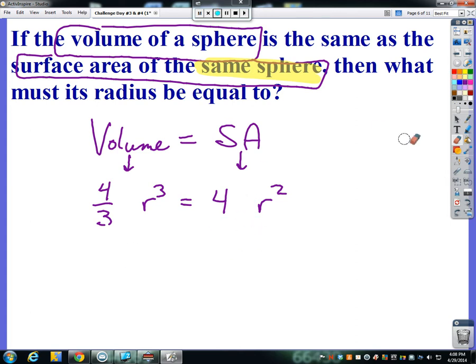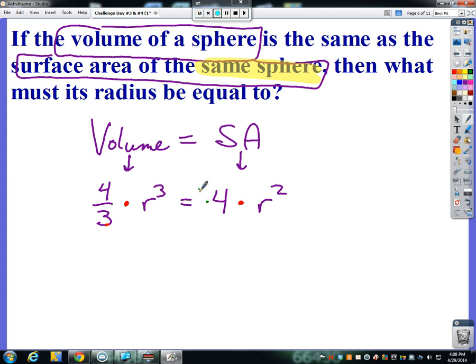Now, maybe I start working on my numerical terms, my coefficients. I have 4/3 times r cubed equals 4 times r squared. Let's say I want to get the r cubed all by itself. So let's divide the 4 over. Since I have a fraction over here, I'm going to do something slightly different.